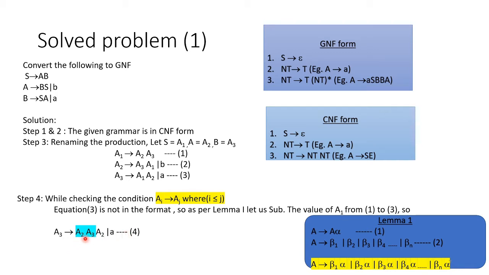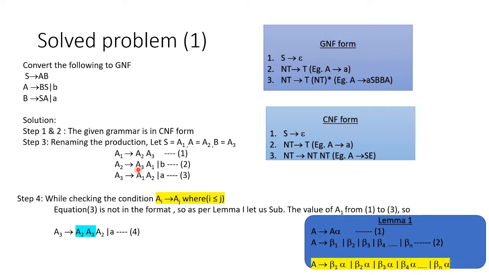Again you can see that A3 is greater than A2. Both sides are not equivalent, so I can't go for lemma 2. The only thing I can do is lemma 1, which is mere substitution. In the first leftmost occurrence, I can substitute the value of A2.